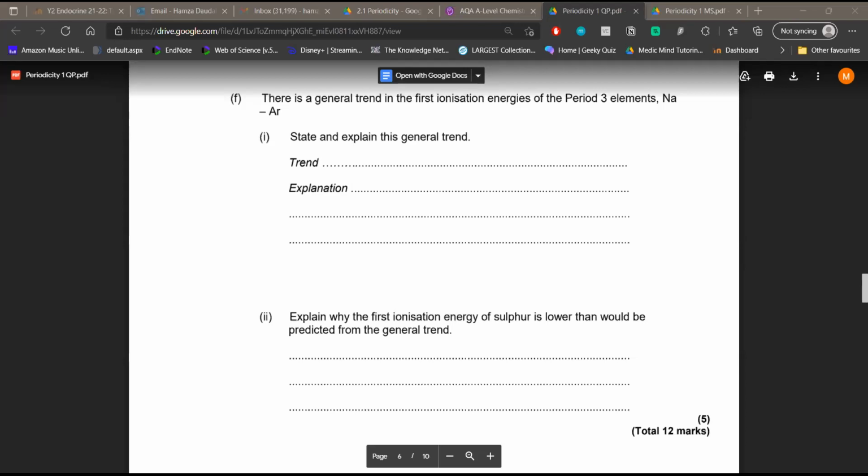Okay, should we talk about why the first ionization energy of sulfur is lower than what would be predicted from the general trend? So this is back to what I talked about towards the end, which is slightly more confusing and a little bit hard to understand, but hopefully you guys manage to get the gist. Otherwise, we'll find out.